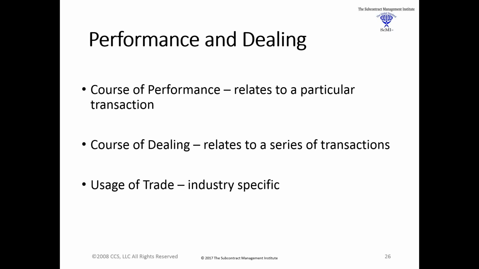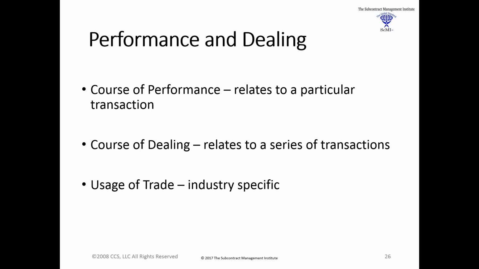The sub can actually go to court and make the argument that they don't care what the contract says, because the parties' performance is what defines the contract. And the performance has been monthly reports, not weekly. And they would most likely be successful in a claim to increase the cost to provide weekly reports instead of monthly, even though the contract already says to provide weekly reports.